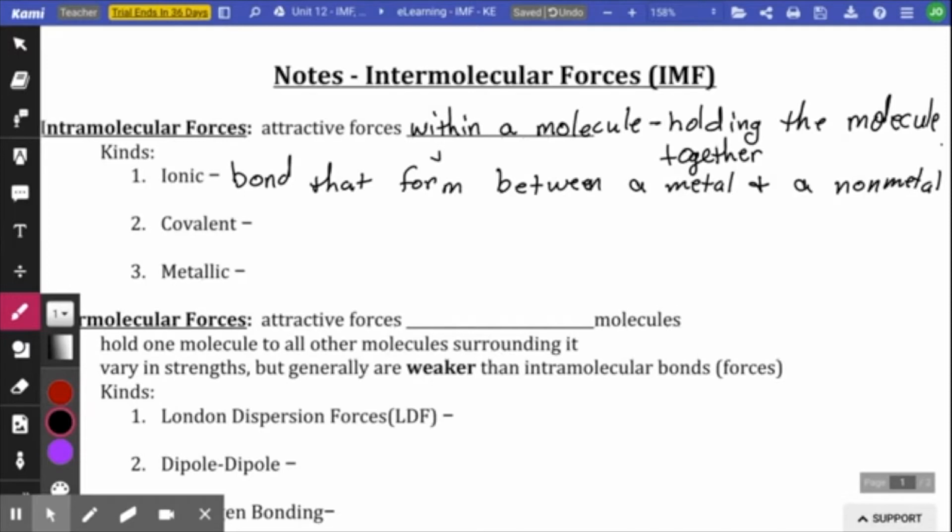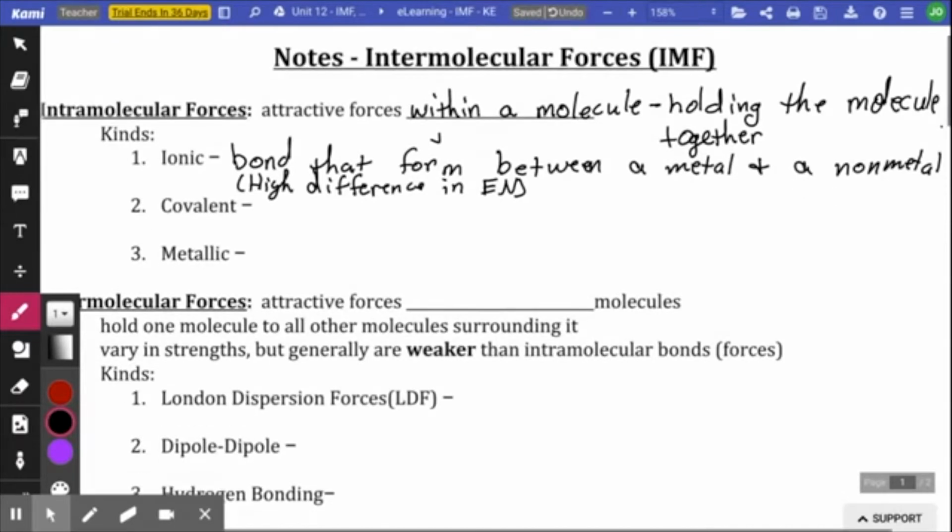We've actually talked about that back when we did periodic trends. So, high difference in electronegativity. I'm just going to put E in for electronegativity. Next, we've got covalent.